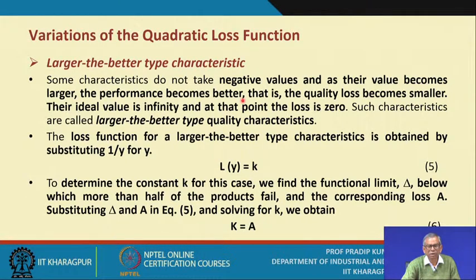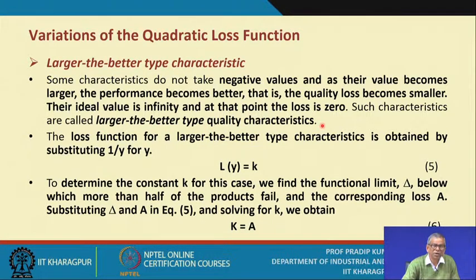Now, you may feel that any value greater than 3000 kg, whatever may be the sectional area, makes the quality loss smaller. Their ideal value is infinity, and at that point the loss is 0. Such characteristics are called larger the better type quality characteristics.